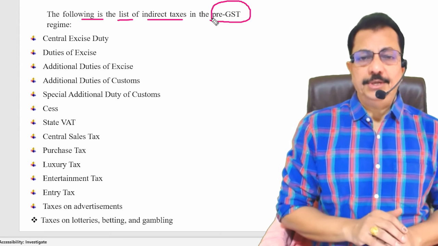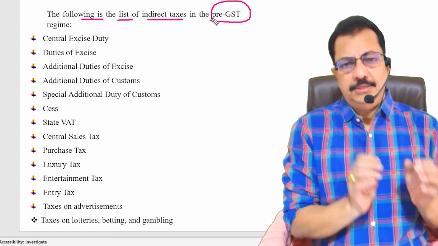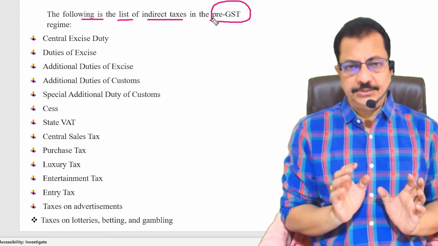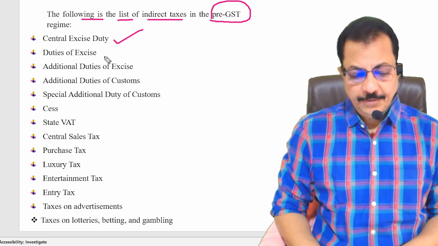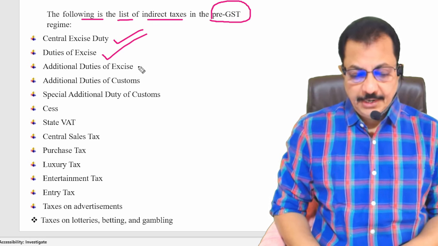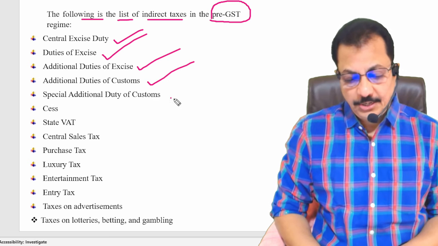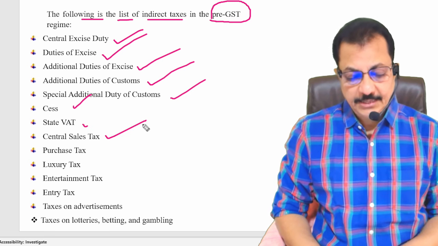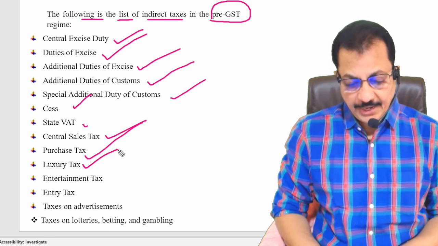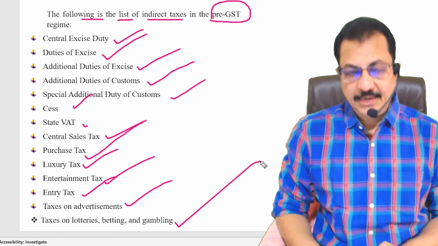As we know, GST came into effect on July 1st, 2017, but before that there were so many indirect taxes: central excise duty, duties of excise, additional duties of excise, additional duties of customs, special additional duty of customs like cess, state VAT, central sales tax, purchase tax, luxury tax, entertainment tax, entry tax, taxes on advertisement, and taxes on lotteries, betting, and gambling.